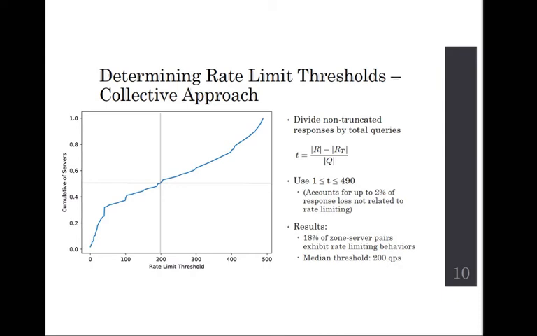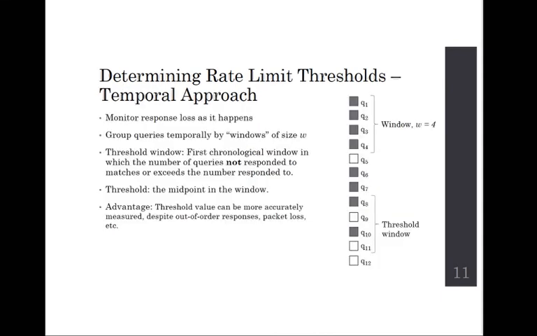So our second approach, rather than just looking at the total number of complete responses divided by the total number of queries we made, was because we were concerned that, especially towards the end, where maybe there was some packet loss along the way, we might have some false positives in there.